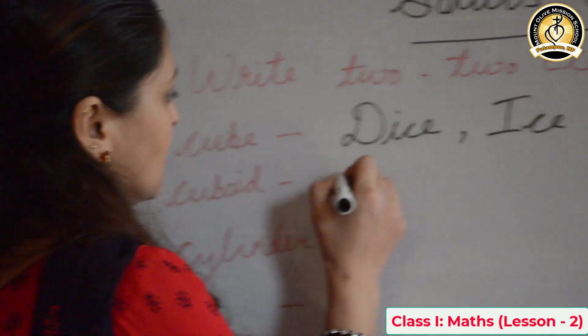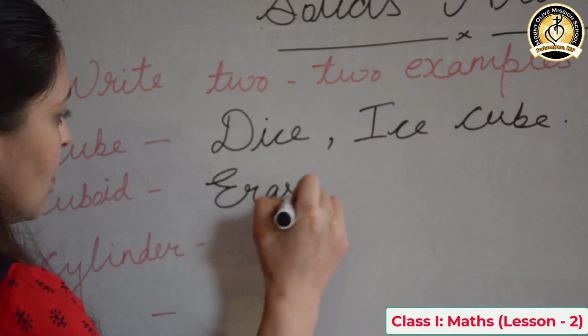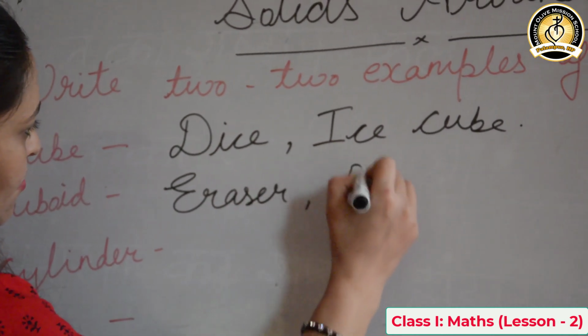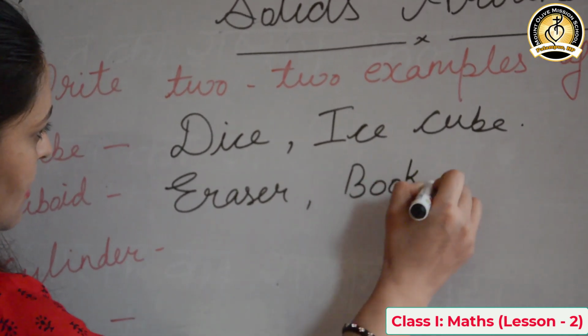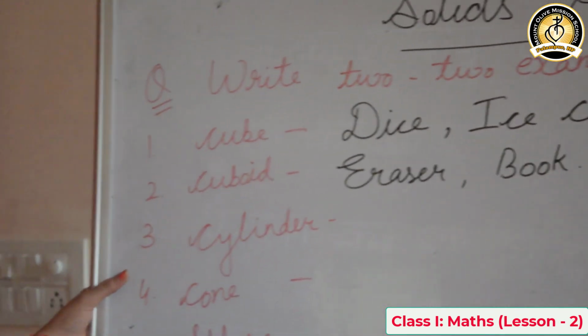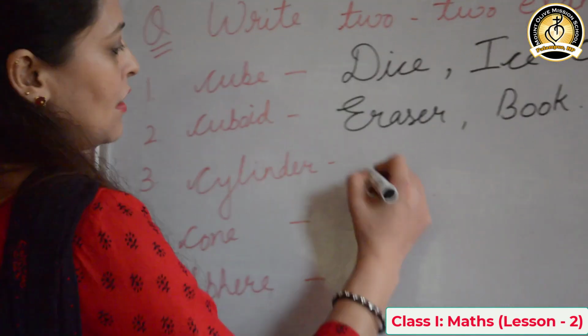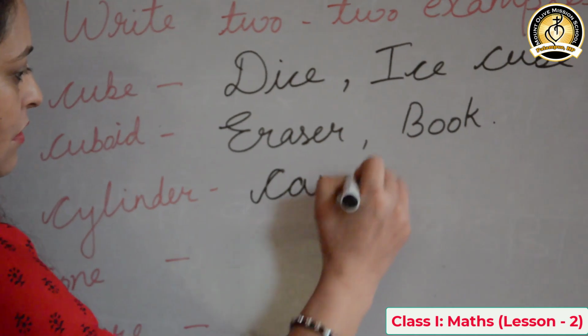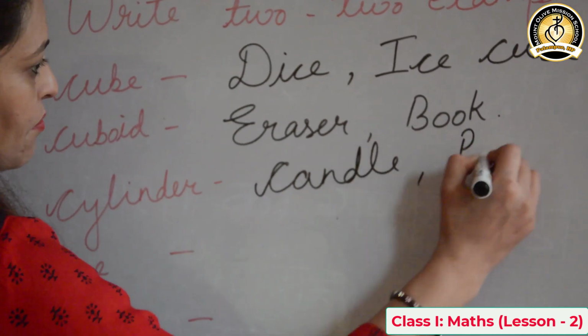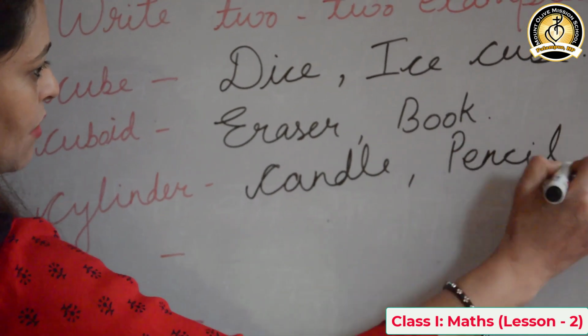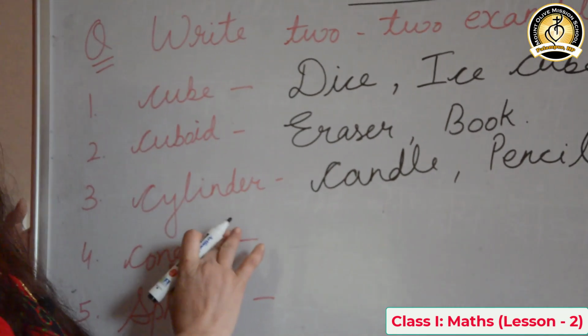Number 2, cuboid: eraser and book are examples of cuboid. Cylinder: candle and pencil are examples of cylinder.